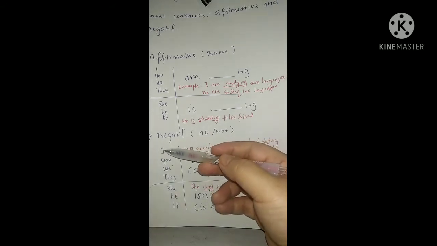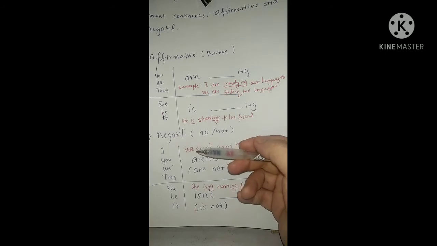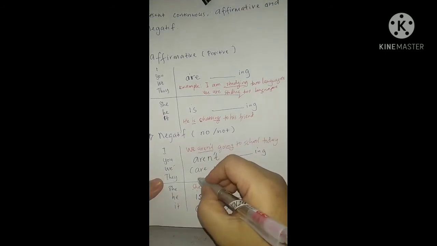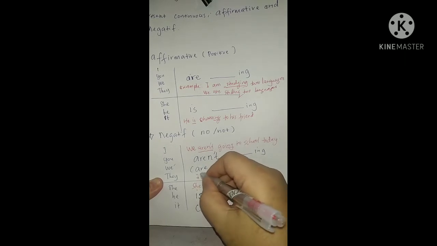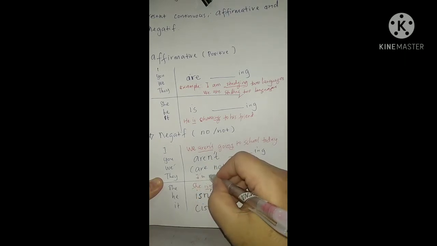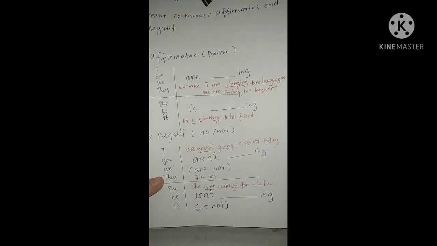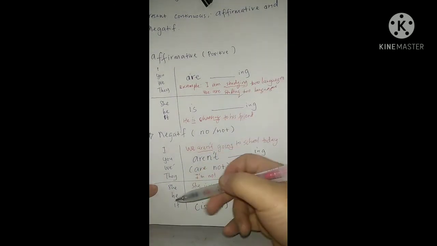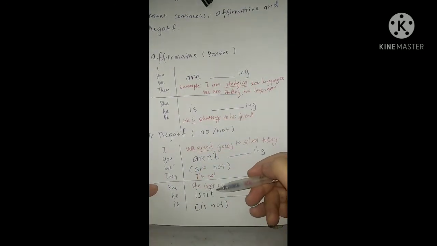Same goes for I: I'm not. That is for I am not. Then she, he, it, isn't, and then the verb plus ing.